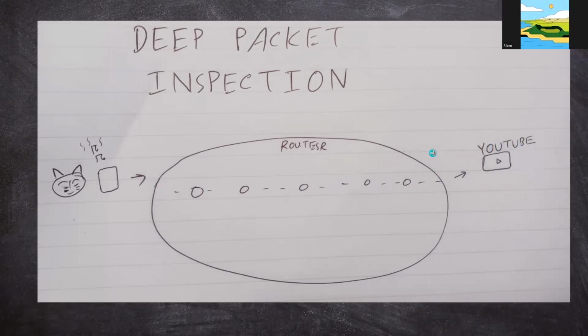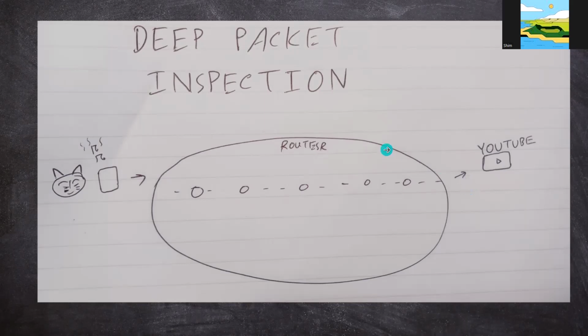But what happens in deep packet inspection is that the router, let's say his local internet service provider, is trying to do deep packet inspection. In which case the router will read the contents of the packets, and it will know that it is trying to go to YouTube. And let's say the internet service provider does not have any agreement with YouTube. Instead, it has its own streaming platform.